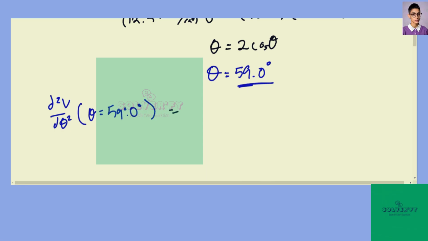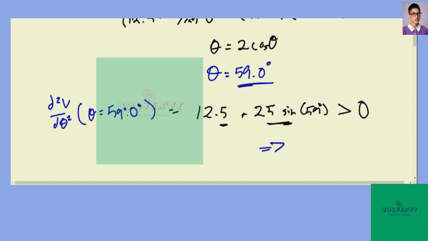So as we've established, 12.5 plus 25 times sine of 59 degrees is obviously going to be a positive number. This is going to be definitely positive at 59 degrees, which means that it is a stable equilibrium.